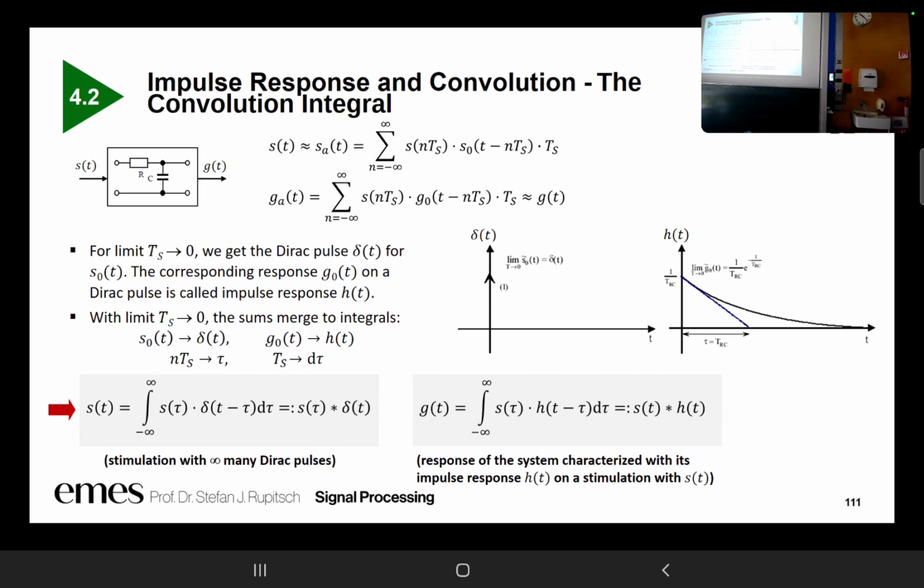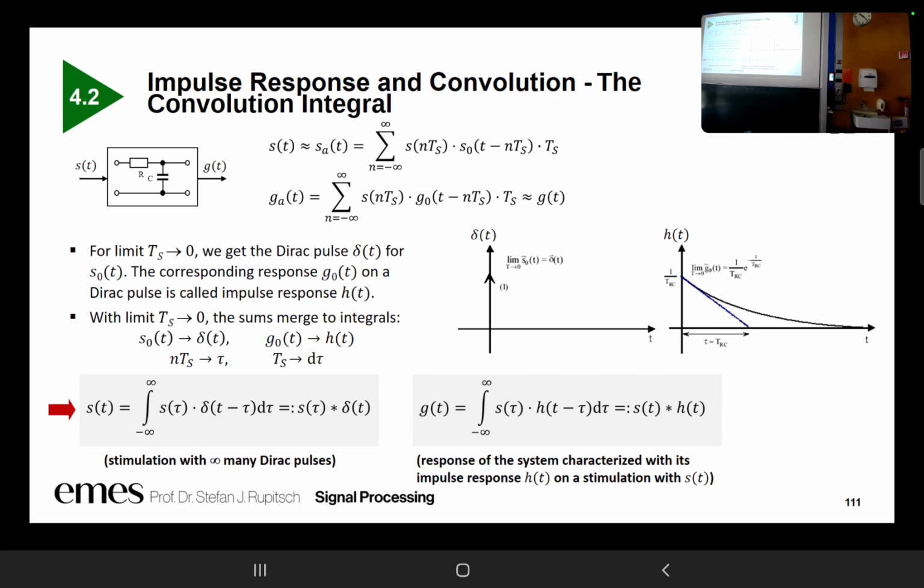This is written here. If our sampling time goes to 0, then the rectangular pulse turns into a Dirac function, the Dirac pulse.